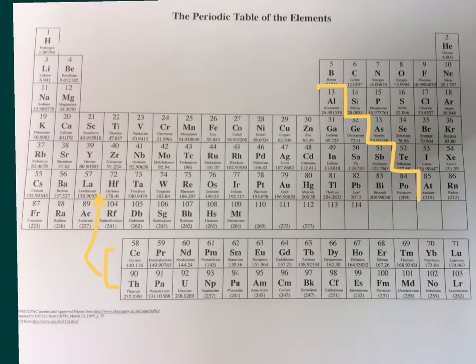These guys down here, you don't necessarily need to know their names, but they're called the lanthanides and actinides. And we put them down there just so we can shrink up the periodic table, make it a little more narrow, and fit it on the page. The vast majority of the chemistry you will do in high school completely ignores these two rows. Don't you feel bad for them now? They get edited out. They get put down at the bottom. Everybody ignores them. They're radioactive, so nobody wants to play with them anyway.